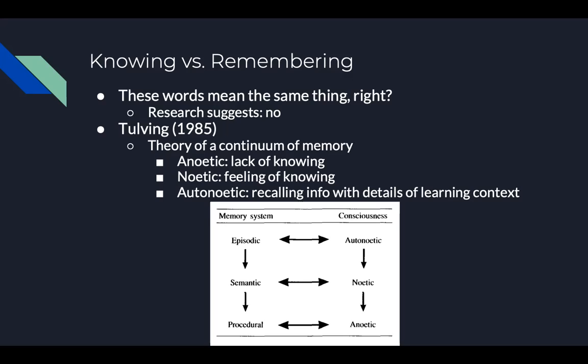You might even remember, oh yeah, there was some kind of diagram with a brain, and there are labels, and one of them was purple, and one of them was green. You have a lot more of the contextual information surrounding your recall of that, rather than just this more general sense of knowing that's proposed to come along with our semantic memory.